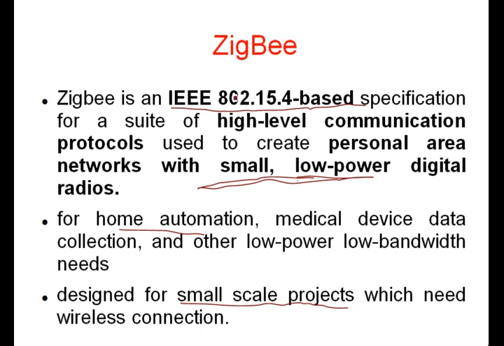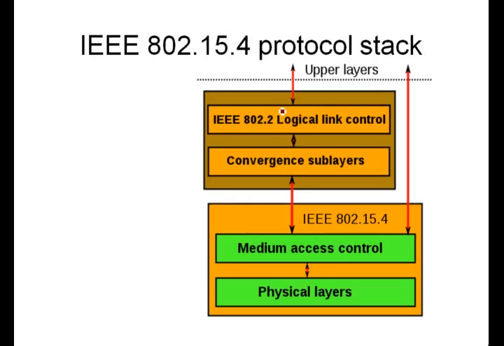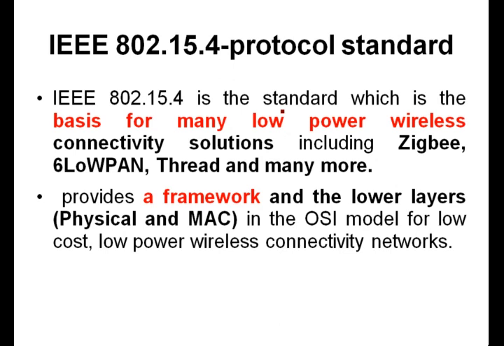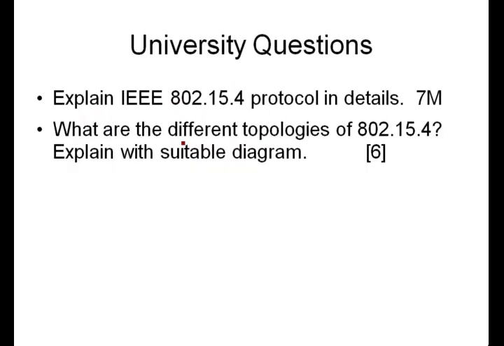So what is this 802.15.4? We have already studied that this is the specification for wireless WPAN, and it provides a base for the ZigBee protocol.